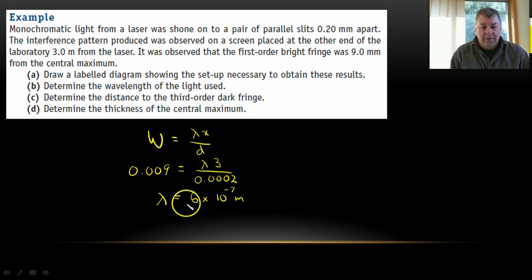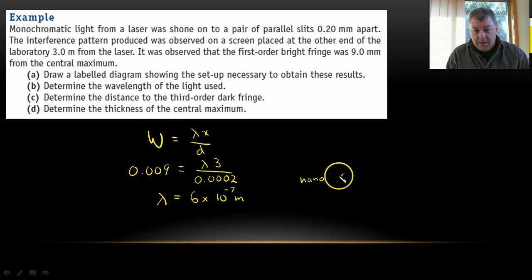In our textbook, however, they usually give the answer in nanometers, and you might be asked to give nanometers because when we talk about light, nanometers is a convenient unit. Now, a nano is a multiplier of 10 to the minus 9.